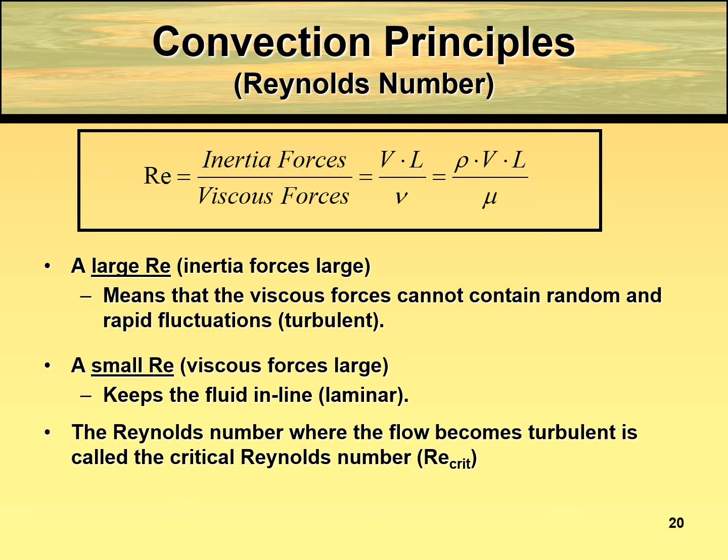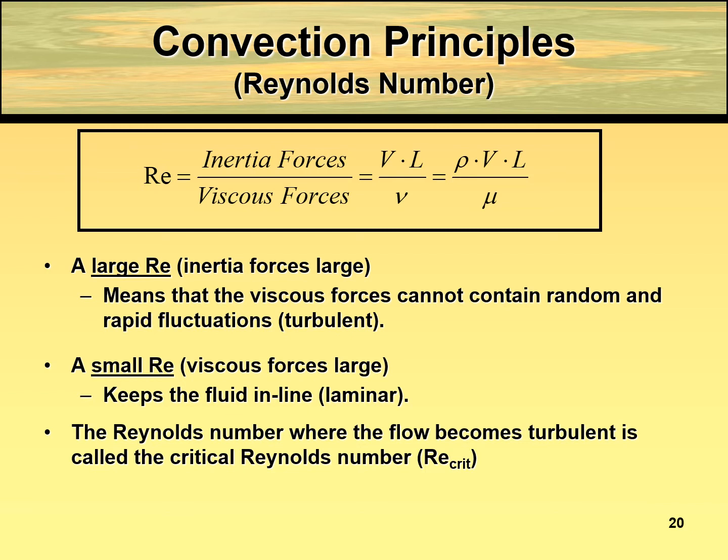A larger Reynolds number means that the inertial force is large, so the viscous force cannot contain random and rapid fluctuations, and this gives the turbulence conditions. In other words, the energy of the particles becomes larger, and it will create turbulent or chaotic flows in those sections.